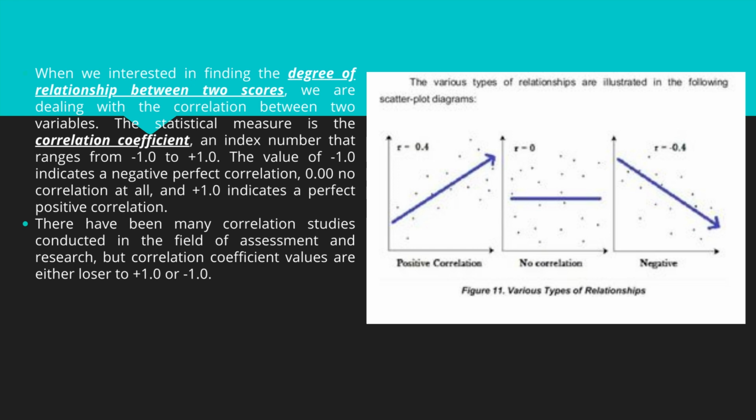When r equals 0.4, it is a positive correlation, so the line goes upward. When r equals 0, there is no correlation, so the line is straight and horizontal. When r equals negative 0.4, it is negative, the opposite of positive correlation, so the line goes downward. The positive goes upward, while the negative goes downward.